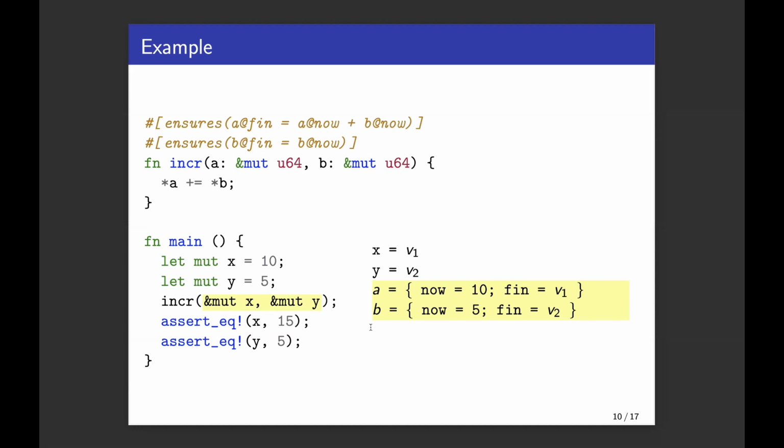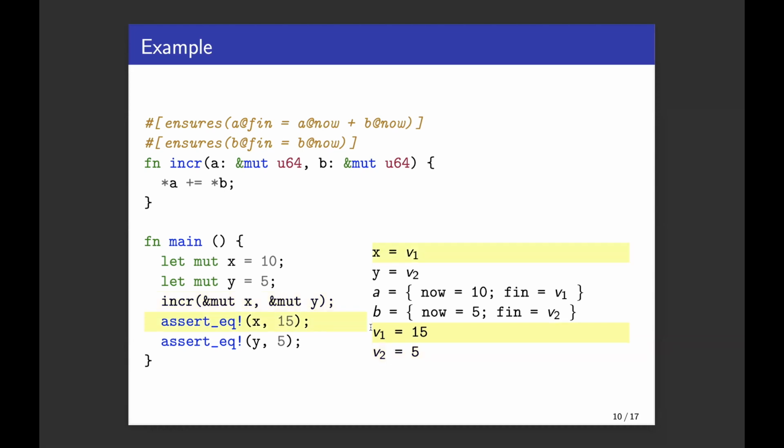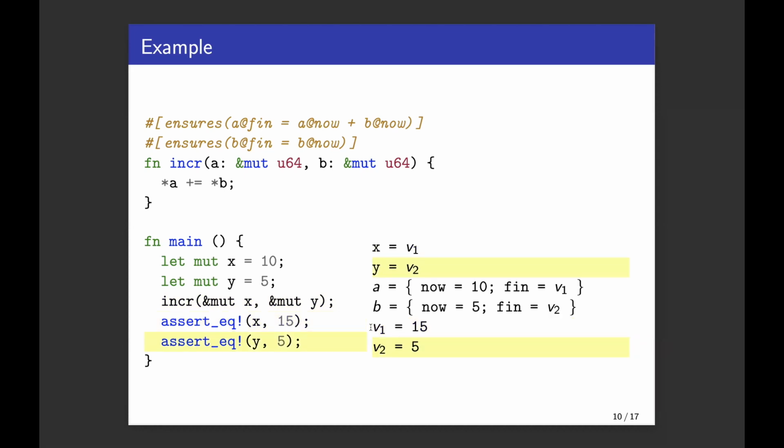Then we pass A and B to our function increment and recover the postcondition as a result. That postcondition informs us of the values of v1 and v2 after our execution, telling us the final value of A must be 15, since it's the current value of A plus the current value of B, and that the final value of B must have been unchanged compared to its current value. Using these new bits of information, we can easily conclude that x must be 15 and that y must be 5 as well.